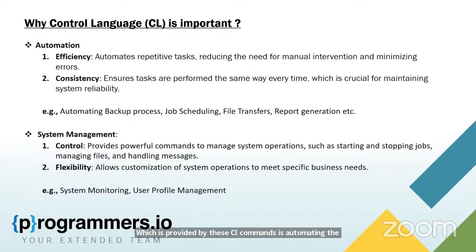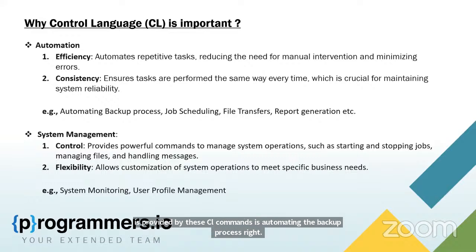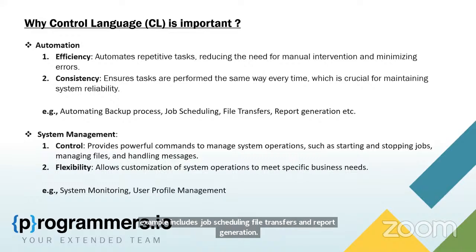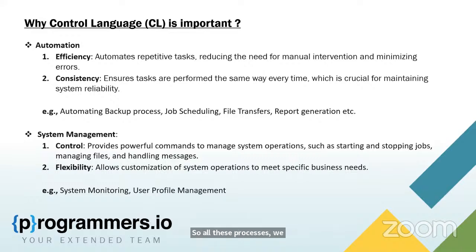We can automate the backup process of files or any other objects. At the end of each day, it will just take the backup. Other examples include job scheduling, file transfers, and report generation. All these processes we can automate through these CL commands.